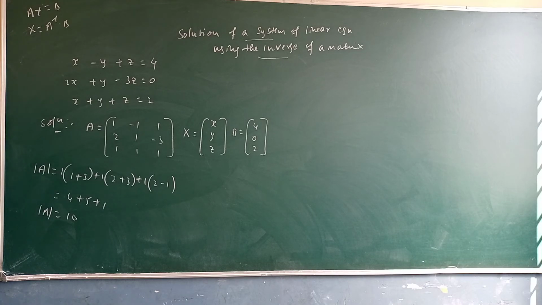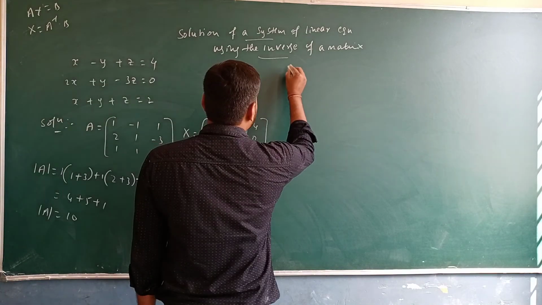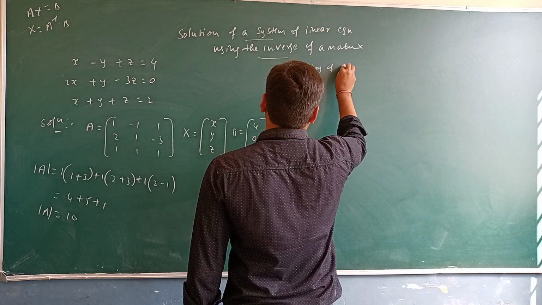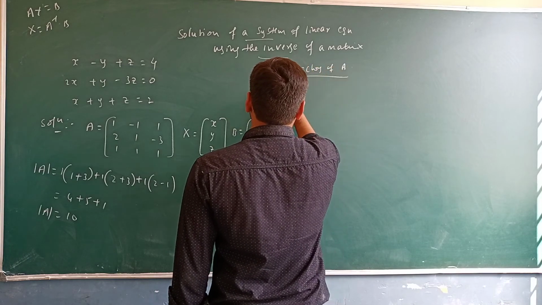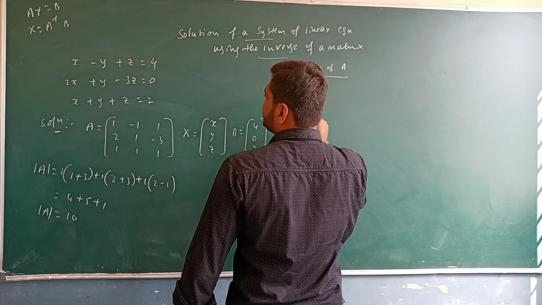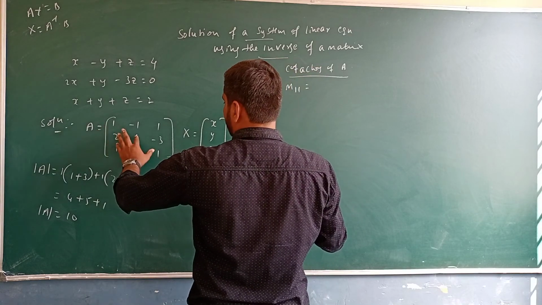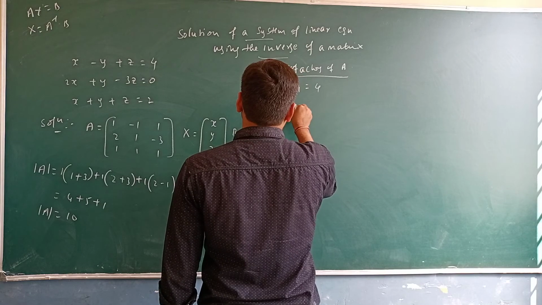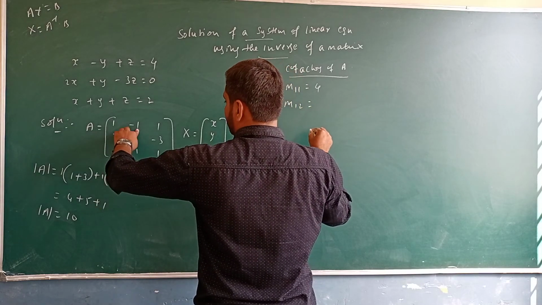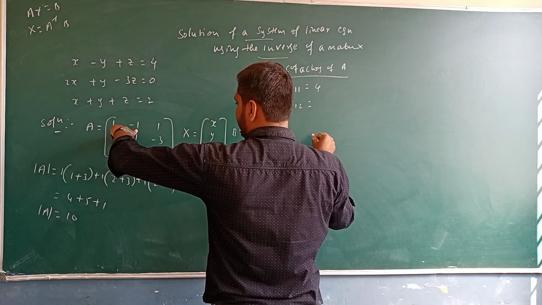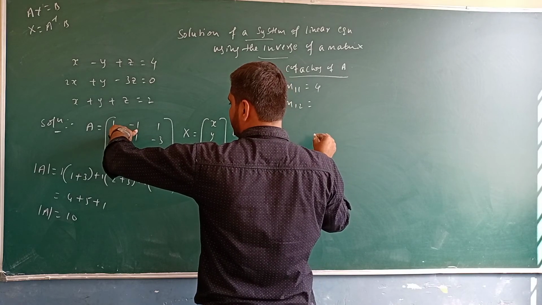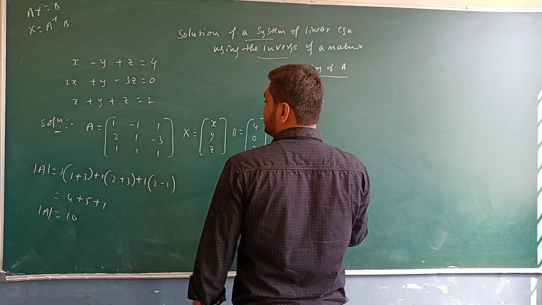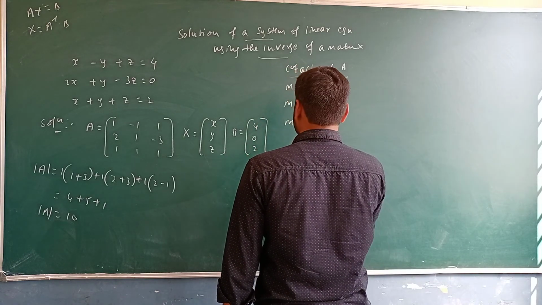We need to find the cofactors for this one. So cofactors of A, starting with the minors. M11 is equal to 1 plus 3, that's going to be 4. Then M12 is 2 plus 3, so 5. Then M13 is going to be 2 minus 1, that's going to be 1.